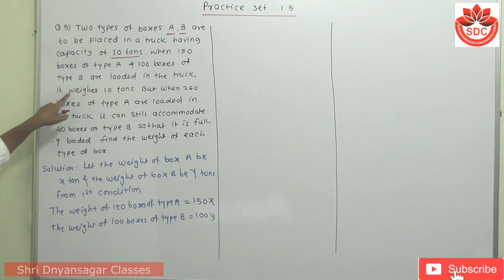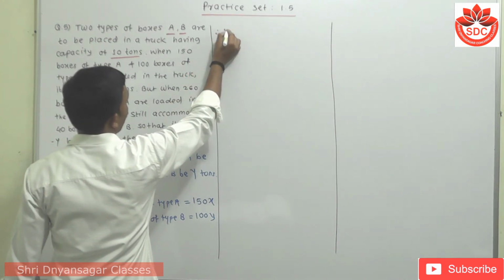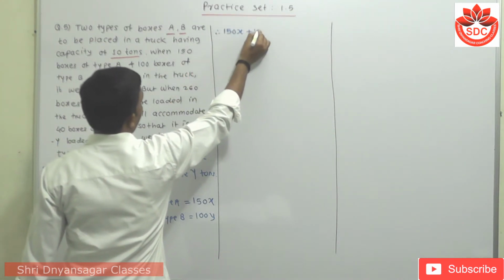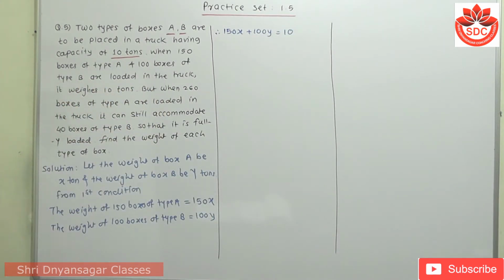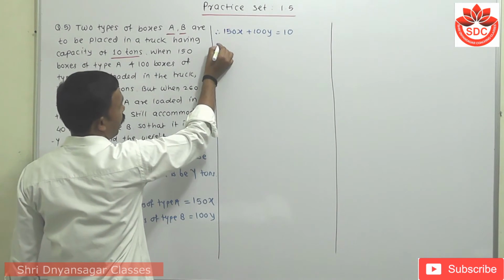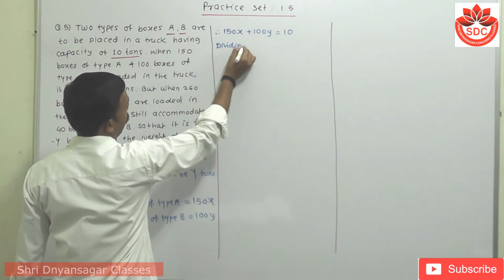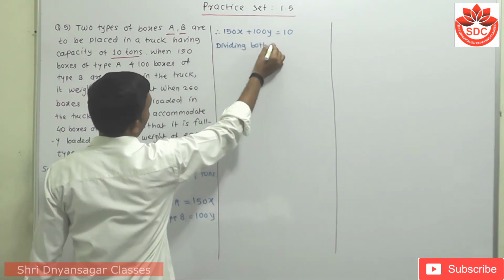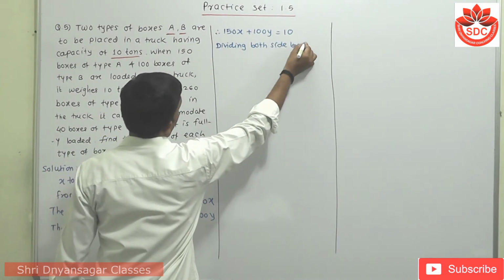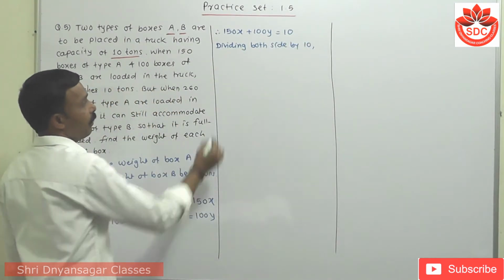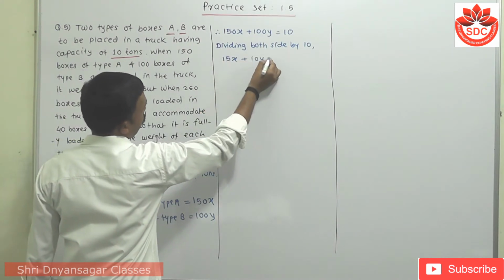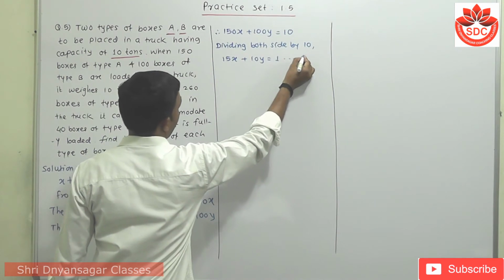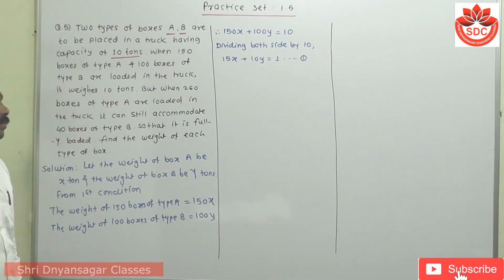It weighs 10 tons. So 150x plus 100y is equal to 10. Now we can divide both sides by 10. We get 50x plus 10y is equal to 1. Suppose this is equation number 1.